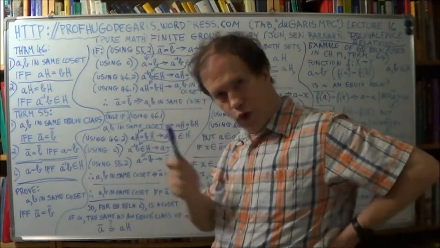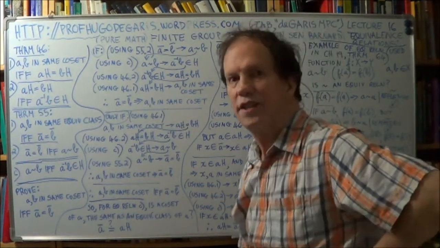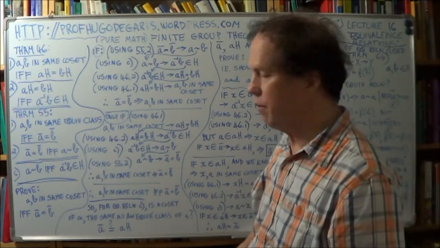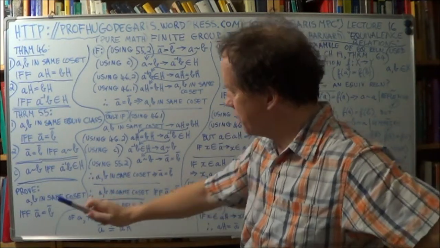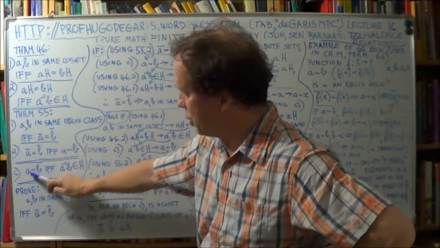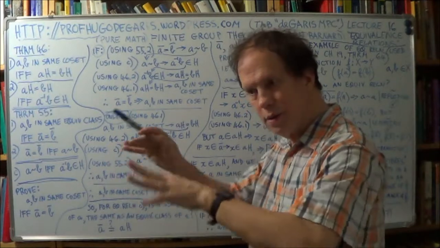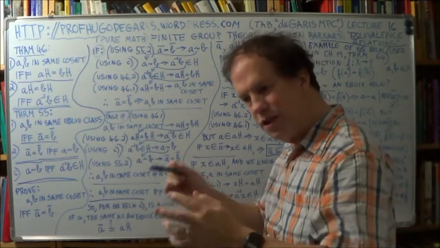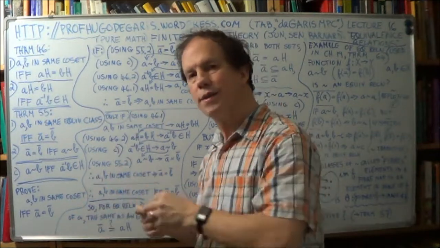We were talking about the amazing links between cosets and equivalence classes in the special case when your equivalence relation is of this form. And why these amazing connections between equivalence classes and cosets?